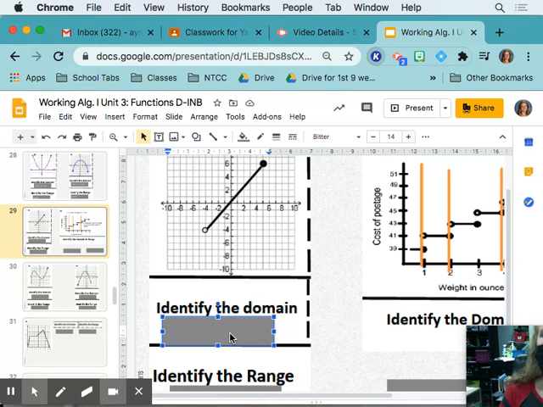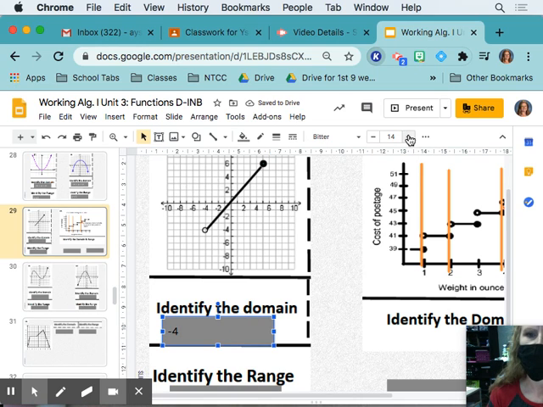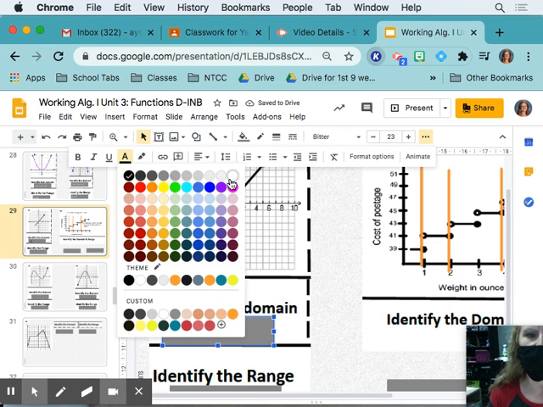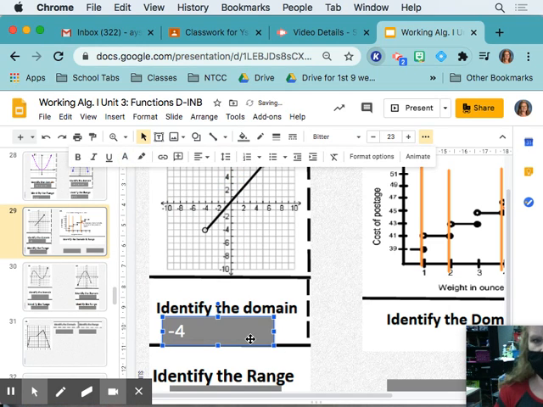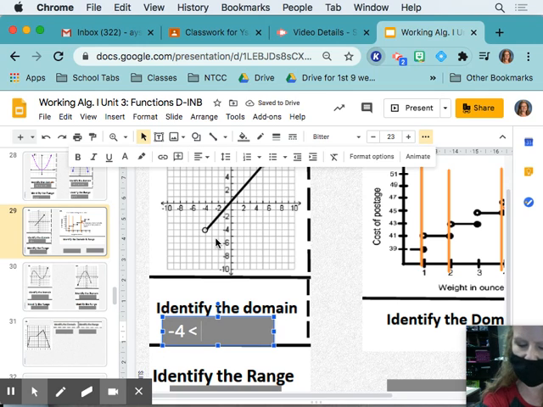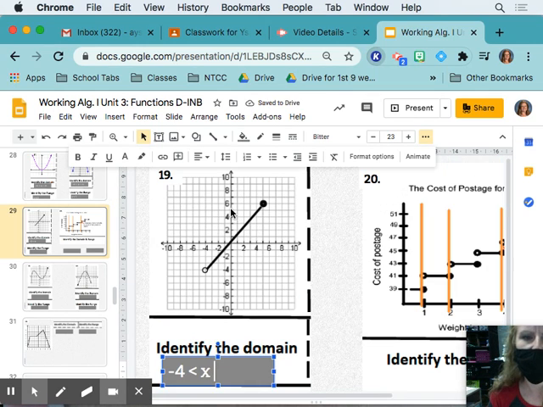So we are going to list them in order from least to greatest. So it'll be negative 4. And then what inequality symbol do I use? Less than, and it's an open circle, so we're going to use less than. What variable is domain? X. And then it goes over to 5.